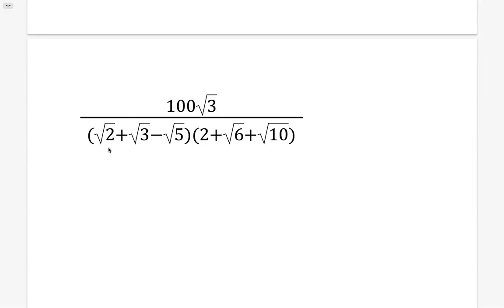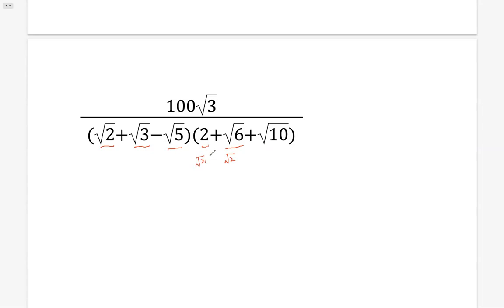The denominator, we have two factors. We have radical 2, radical 3, radical 5. And on this side, we have radical 2 times radical 2, so radical 2 squared. We have radical 6, which is radical 2. Let me actually write this.